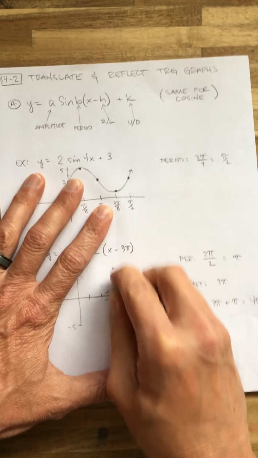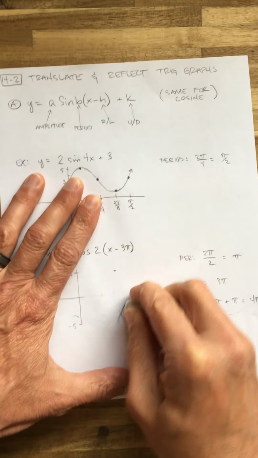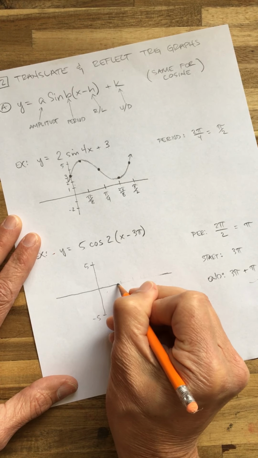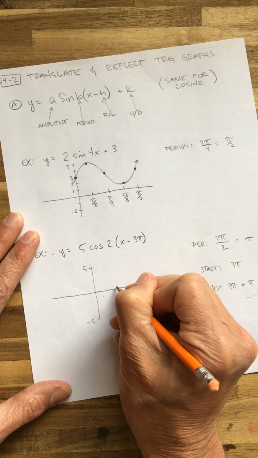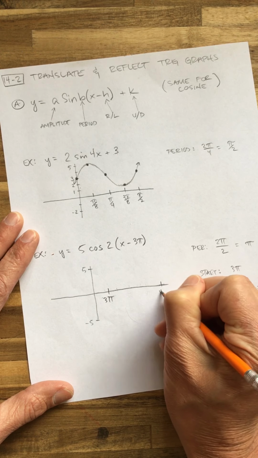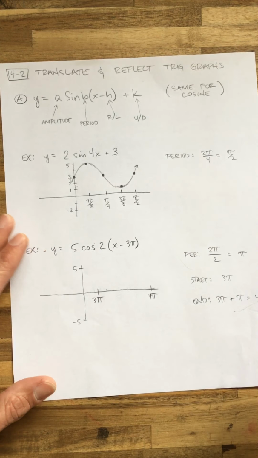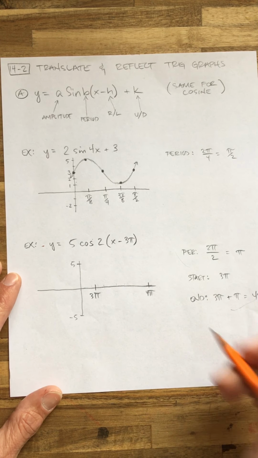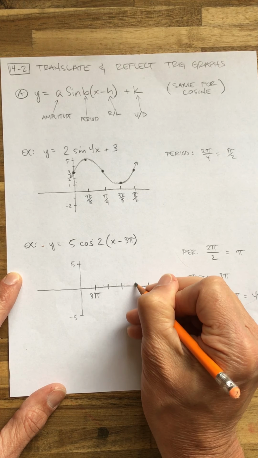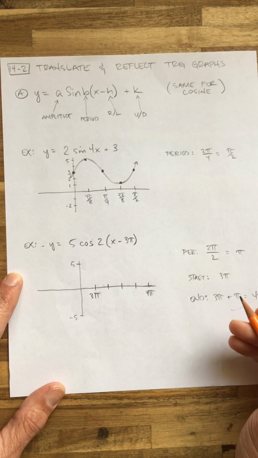What I'm going to do is just go ahead and make it look not very nice, okay? There's a lot of different ways you could do this, but I'm just gonna go ahead and put 3 pi right here, and I'm gonna put 4 pi right here. I know this is not drawn to scale, okay? But I'm gonna go ahead and break it up into those 4 pieces, okay?